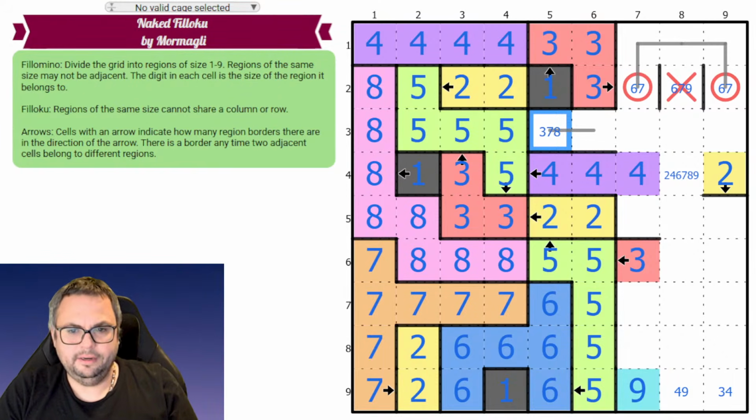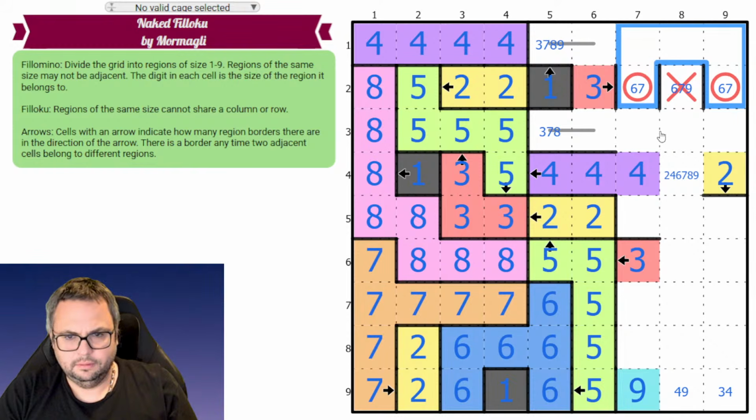Why not 7? It was 6 cells was all that was there. Right? Did I not count right? One, two, three, four, five, 6.